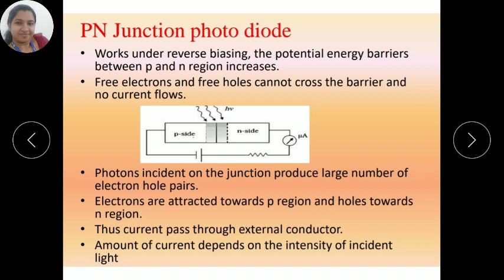Thus, current passes through the external conductor. Amount of current depends on the intensity of incident light. That means how much light is incident on this PN junction, that much reverse current is generated in the PN junction photodiode. That is the working of photodiode.